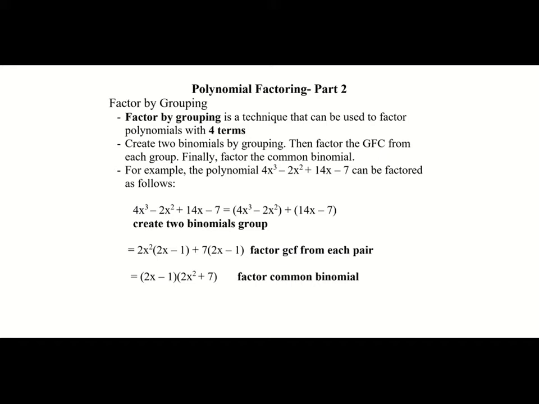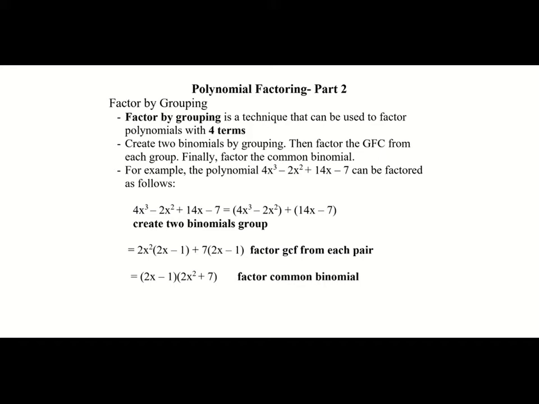In this section, we're going to start off by looking at factoring by grouping. Factoring by grouping is a technique that we will use when we have 4 terms. So when you're factoring, and after you've looked for a GCF that you can pull out of all of your terms, next you're going to figure out how you can factor this problem. If there are 4 terms, we're going to try factoring by grouping.